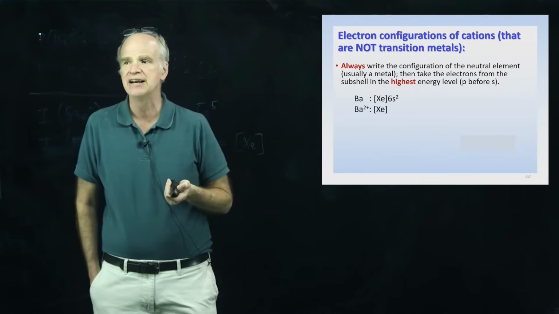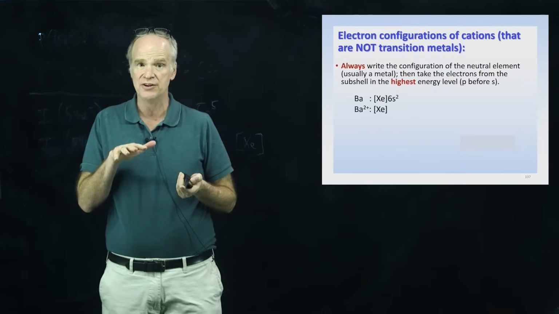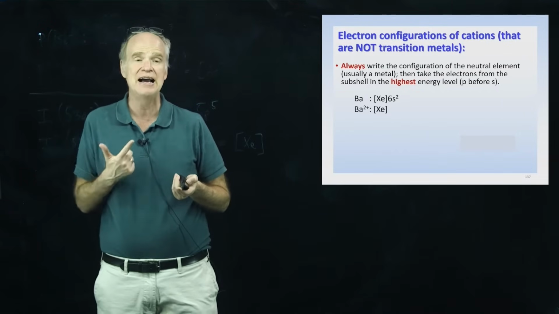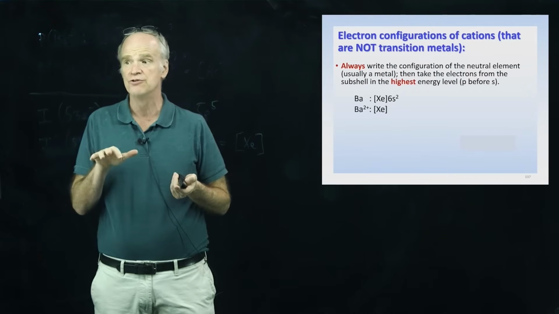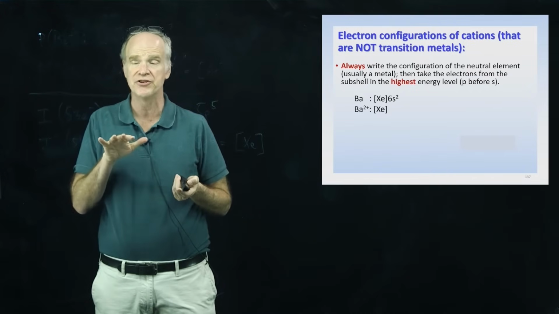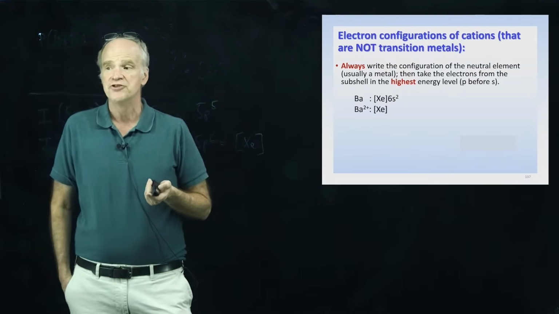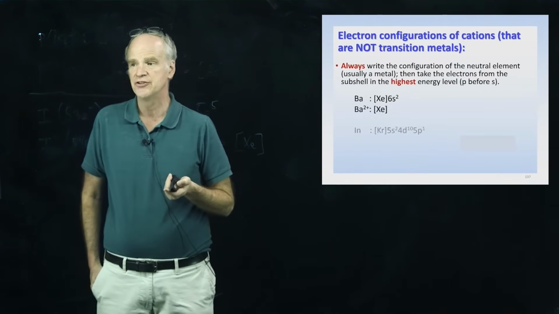It's pretty easy, right? Again, you remove electrons from the numerically highest energy level sublevel. The highest energy level is the 6th energy level. You remove those 2 electrons from the 6s. And so barium 2+ should be just xenon's configuration without 6s2.